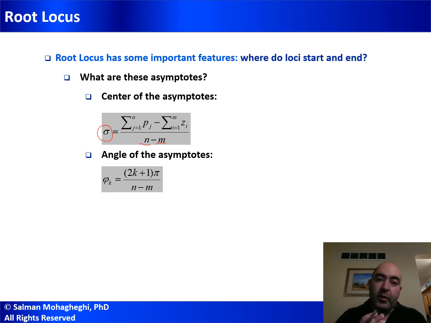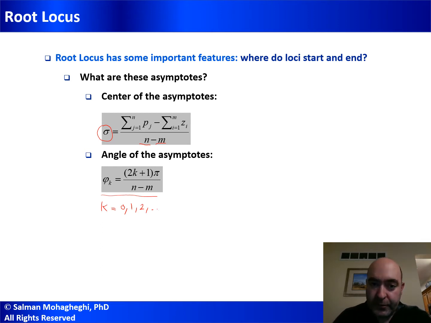That is where they all intersect, and each of these asymptotes will have a particular angle. How to find the angles? Through this equation. So the angles are going to be 2k plus 1 times pi divided by n minus m. And you will start assigning values to k starting from 0, 1, 2, 3 all the way in order to find those angles.